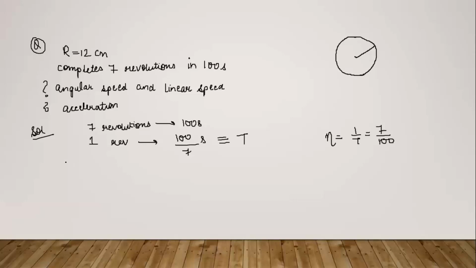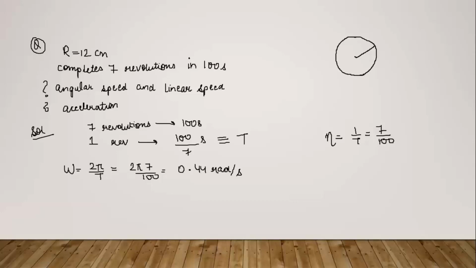Now what we see is the angular speed. We just derived it: it is written as 2 pi by T or 2 pi eta. So here we will write 2 pi by T as 2 pi into 7 by 100, and on putting the values here, we will get 0.44 radians per second. Radians per second is the unit that we use to define omega, the angular speed.